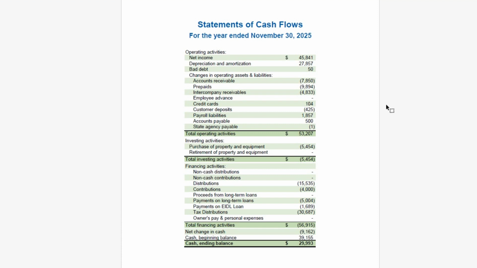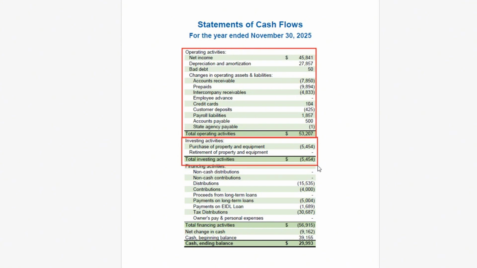And it's broken up into three different primary sections, and they are the operating activities, investing activities, and finally, financing activities.